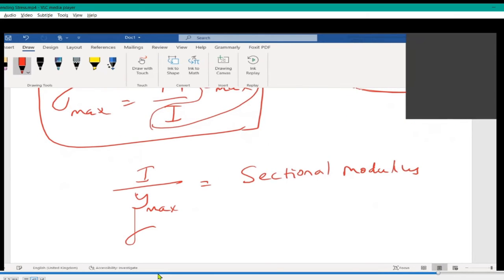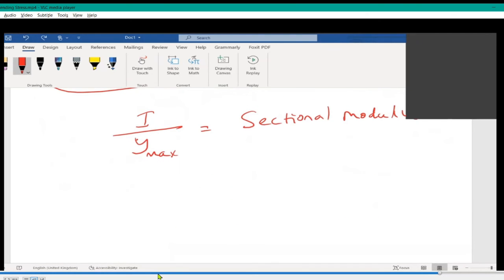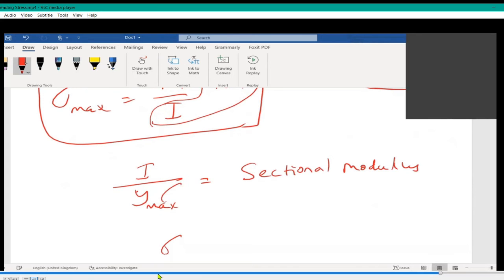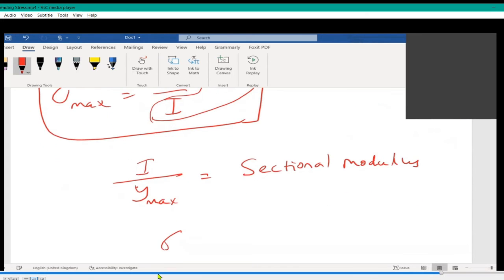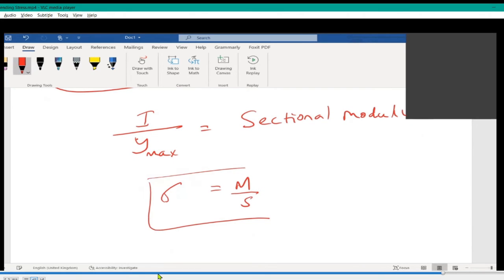You can conveniently find it if your sigma value is given. If you are given a sigma value and asked to find the sectional modulus, you can use this formula: sigma equals M over S. Okay, this is another equation we are reaching, I think the fourth equation.